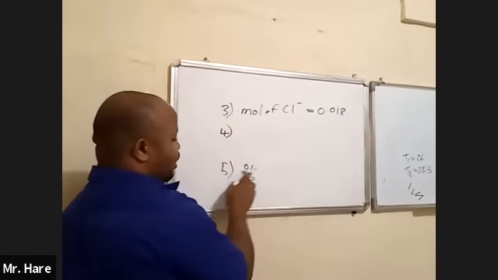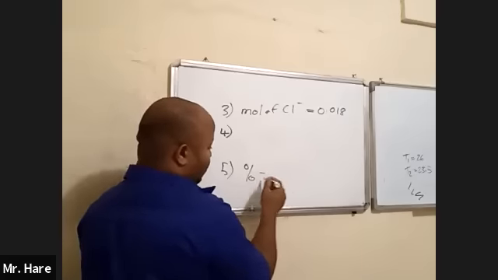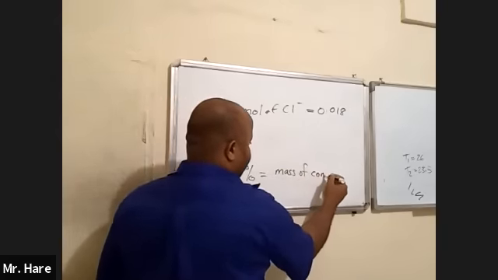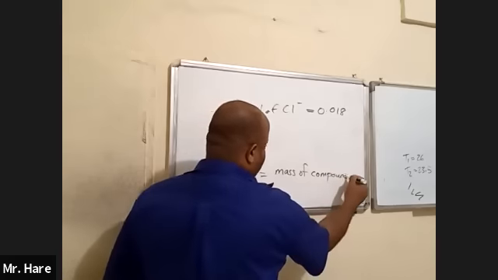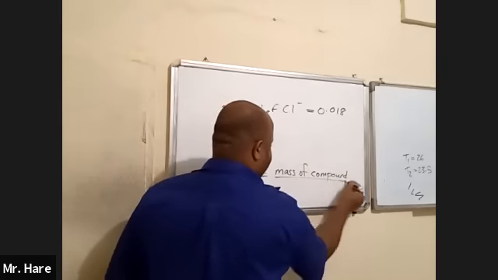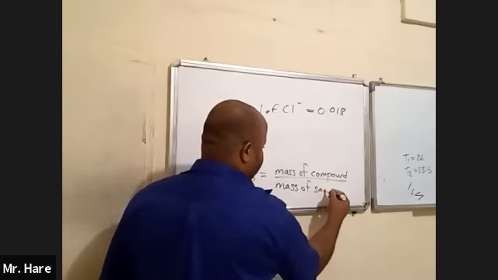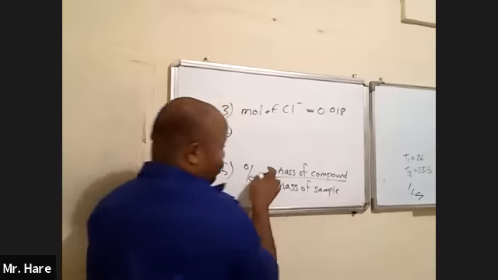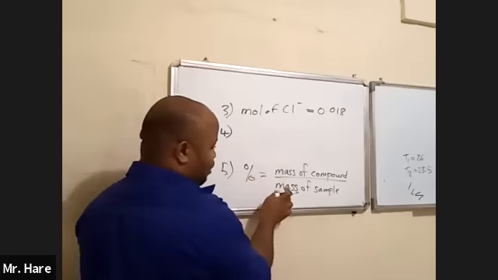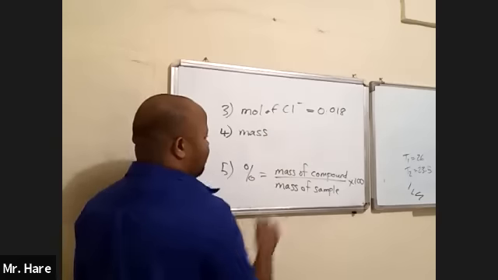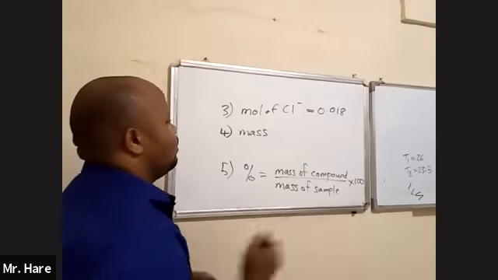So if we're finding percentage, percentage is the mass of the compound, or ion, divided by the mass of the sample, times 100. So mass is equal to, what is the formula for mass? Mole times RMM. Right.